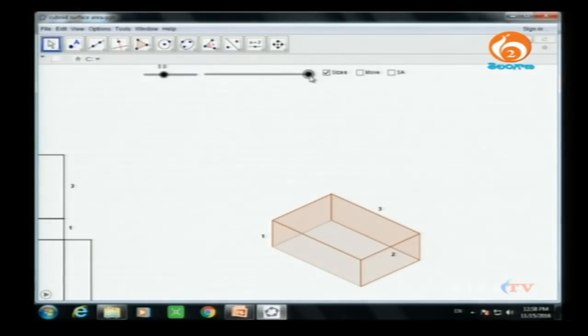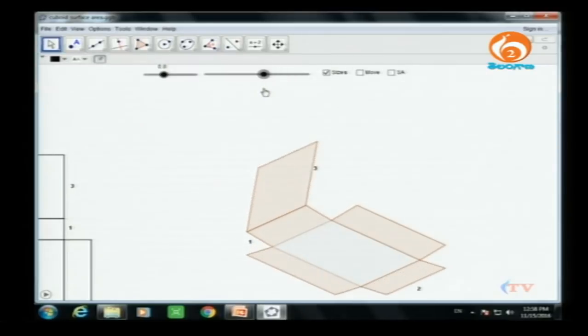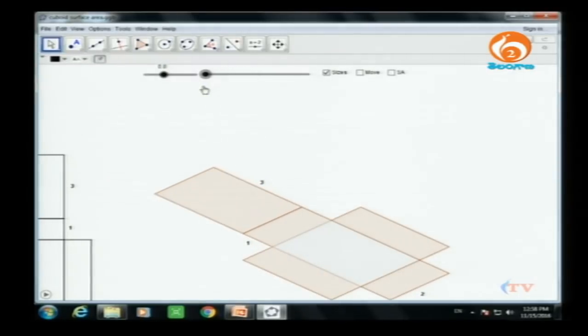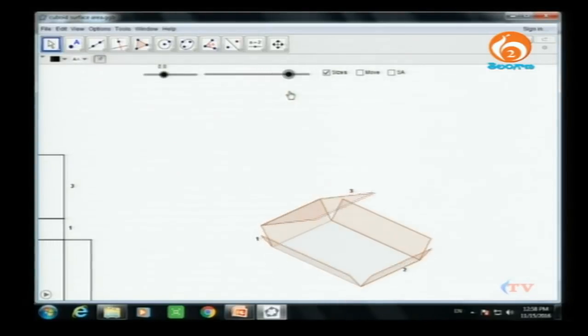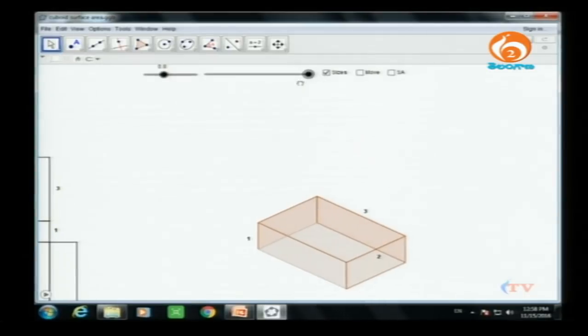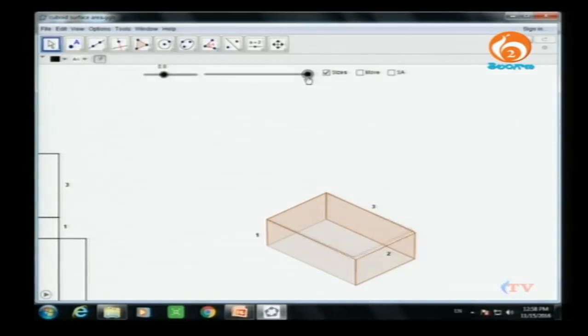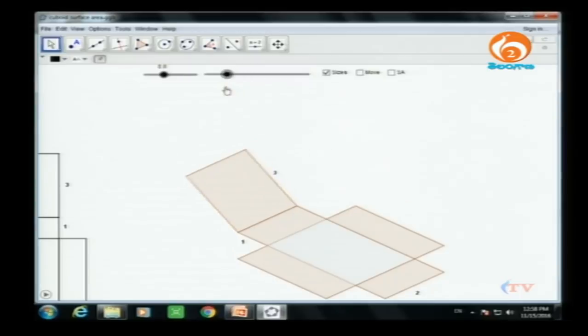Now, I am opening all the sides, right. Now, you can see I am opening this cuboid and I am closing it. Okay. Now, again I am opening it.